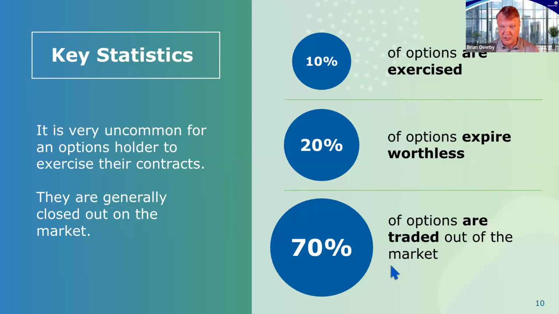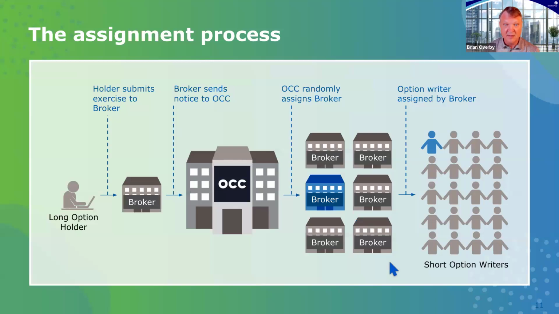So this gets into the concept of the assignment process. So about 10% of option contracts get assigned, but it's very important to note that if you sell an option contract, you are not in control. And the way that you get the assignment notice is somebody in general, and we'll talk about this, is not necessarily the person that you initially sold it to, but it's everything.